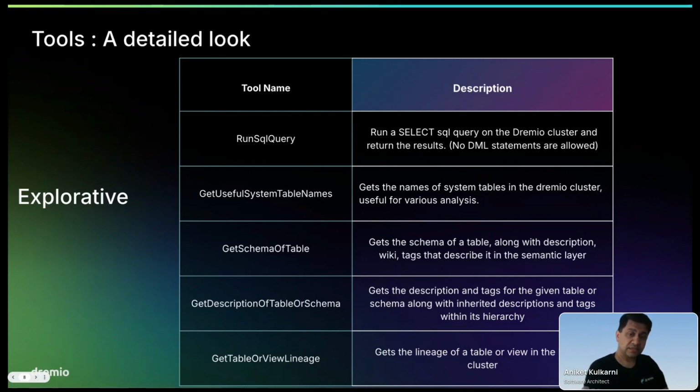If you present it with the information of a table schema and the description of the table, as well as any description within this hierarchy that makes sense, it is extremely good at reasoning the right information or the right context from that, so that it can run a better query to continue the analysis or exploration that you are asking of it. This is how it complements the LLM, and we'll see a pretty good and detailed demo of that in a couple slides.